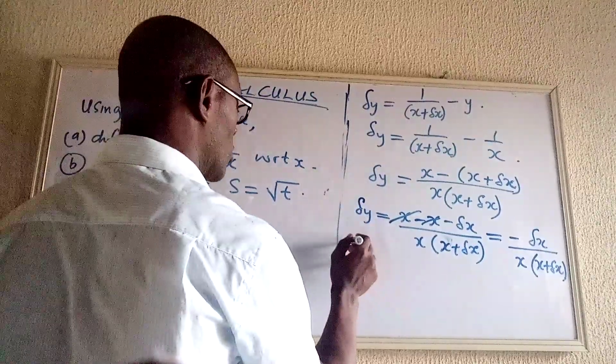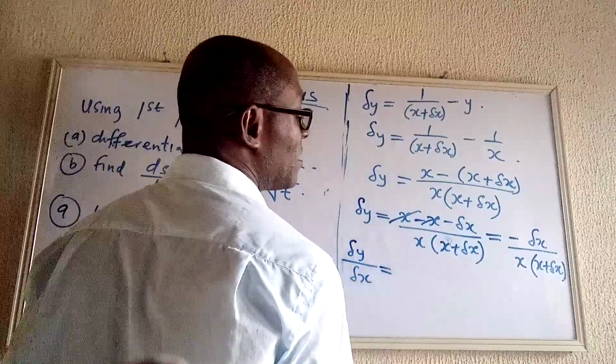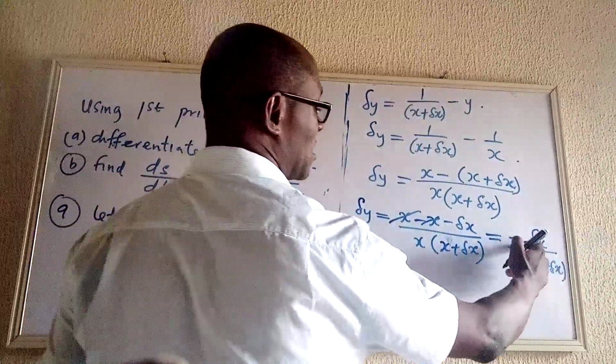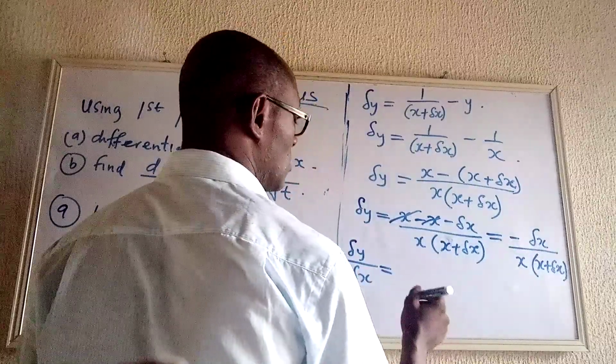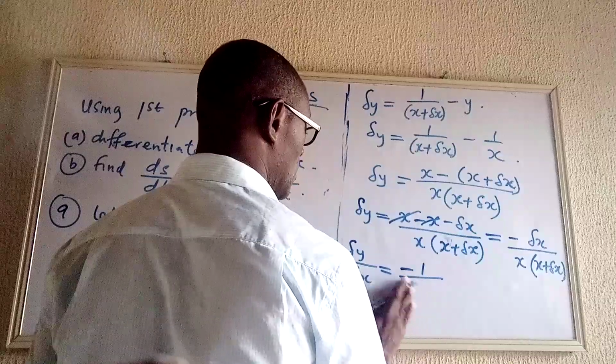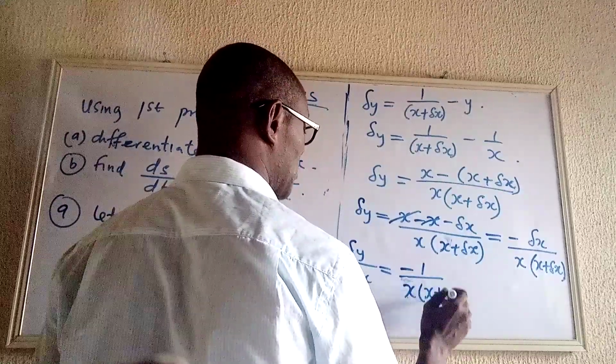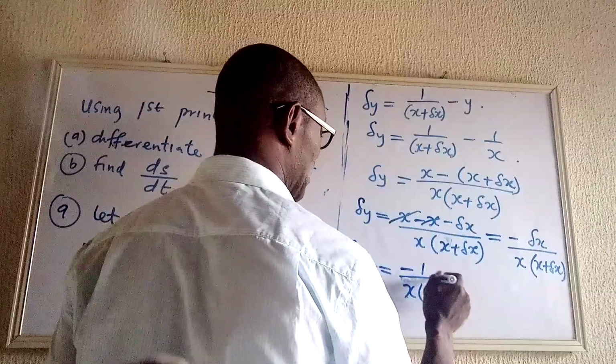So delta y over delta x will be, when you divide, this delta x will cancel out. That will now be minus 1 over x into bracket x plus delta x.